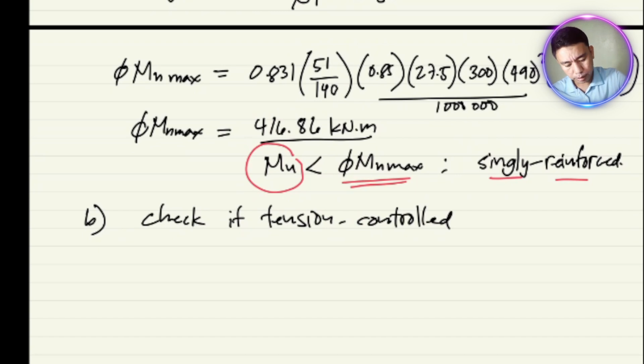So let's check if it is tension control. We will check with the, sorry, Mn, maximum, the moment for tension control.